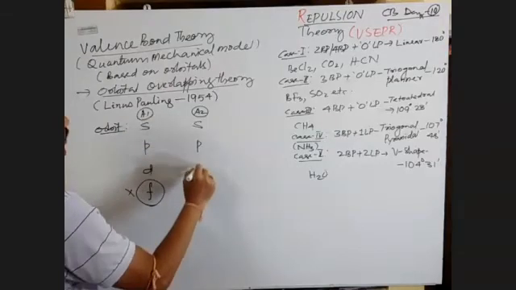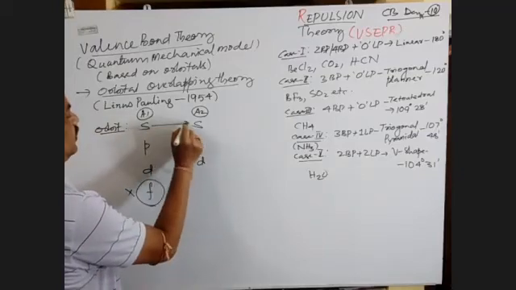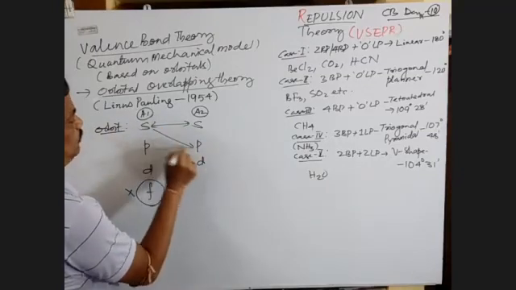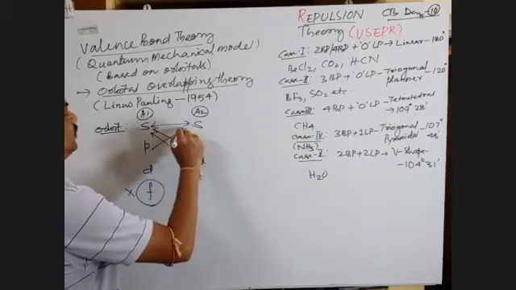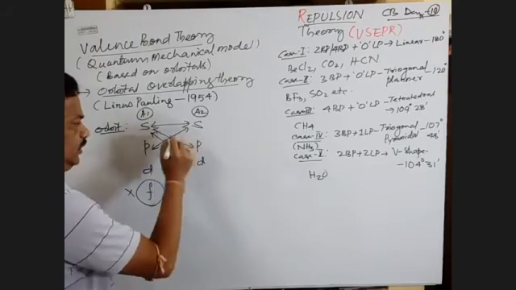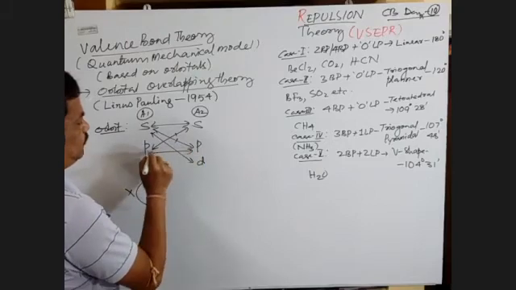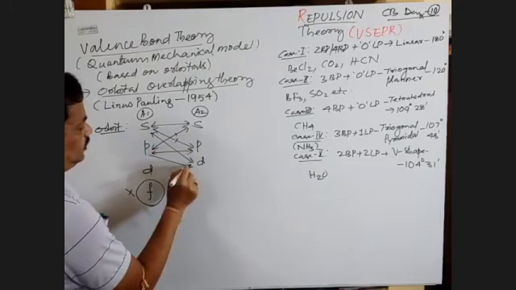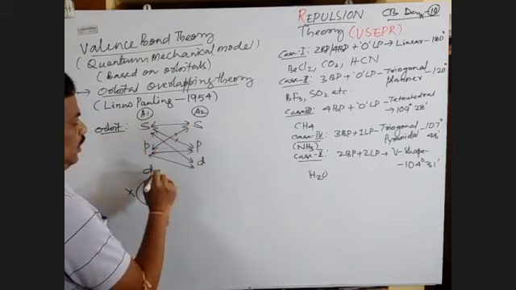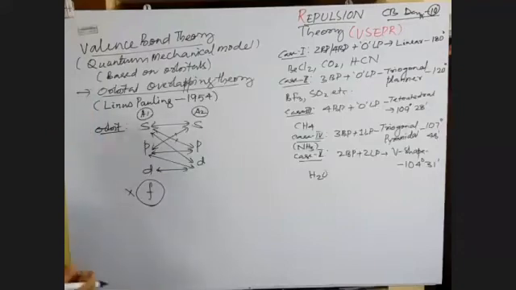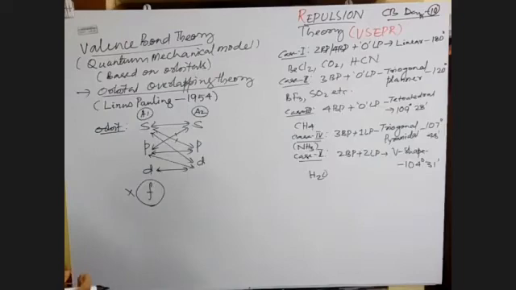There can be overlapping between S with S, S with P, S with D, P with S, then P with P, P with D, D with S, and D with D. So there are several types of overlapping that may be possible.